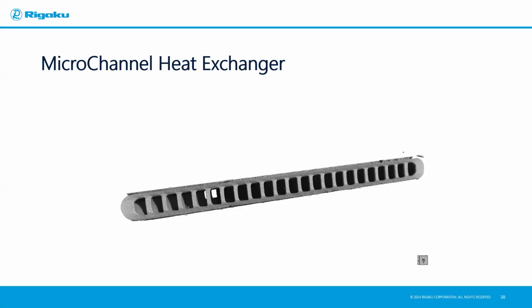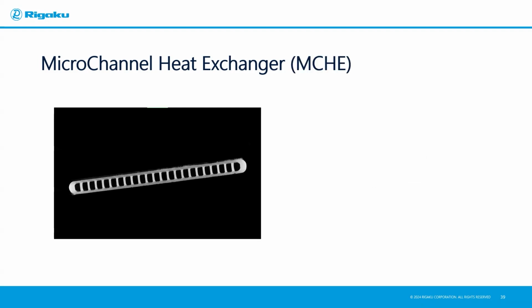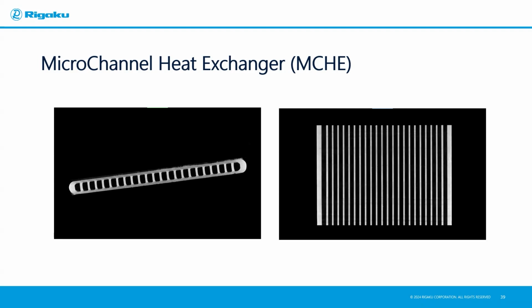This is the 3D volume we just saw, and if we take a different look at it, this is a 2D cross-section, again looking through the microchannels, and we know that there's a connection between the microchannel and the outside air. We can look at it 90 degrees relative, and one of the things you'll notice about this image is that it's a simple two-phase sample, the data quality is very good, and you have very good contrast.